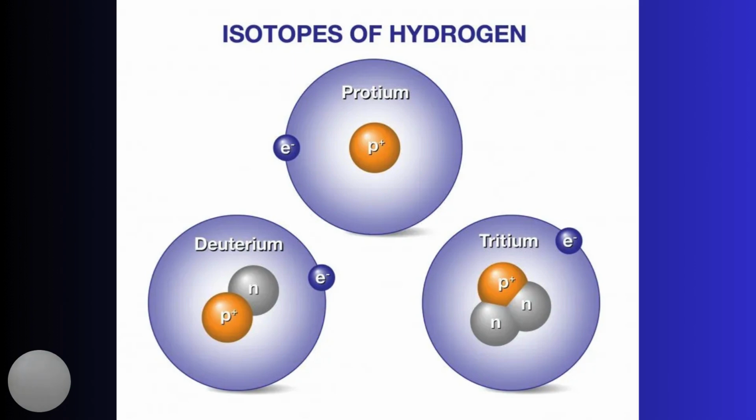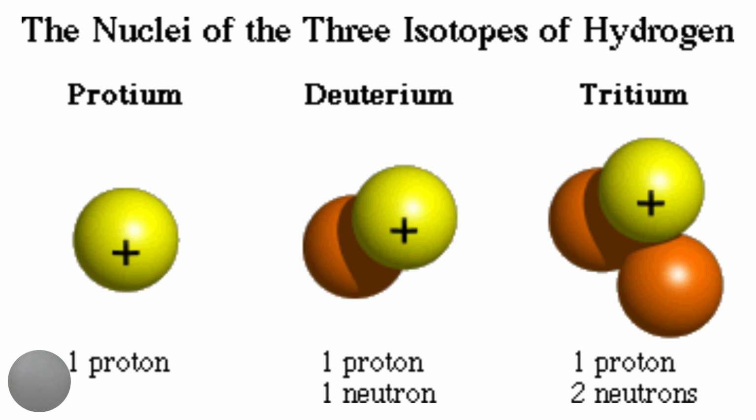Kay usa-usa ra man ka proton si hydrogen. So, si protium usa ka proton, deuterium usa ka proton usa ka neutron, tritium usa ka proton ug duha ka neutrons. Naa siyay tulo ka isotopes si hydrogen: protium, deuterium, ug tritium.